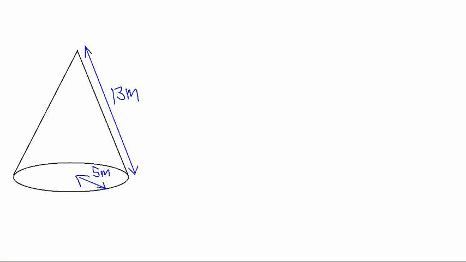All right, so I've drawn a picture of a cone with a radius of 5 meters, and notice that I haven't given you the height of the cone. I've given you what's called the slant height of the cone, and it's 13 meters. That's the distance from the vertex to a point on the edge of the base. Okay, so find the volume and surface area of the cone. Pause the video and do that now if you like.